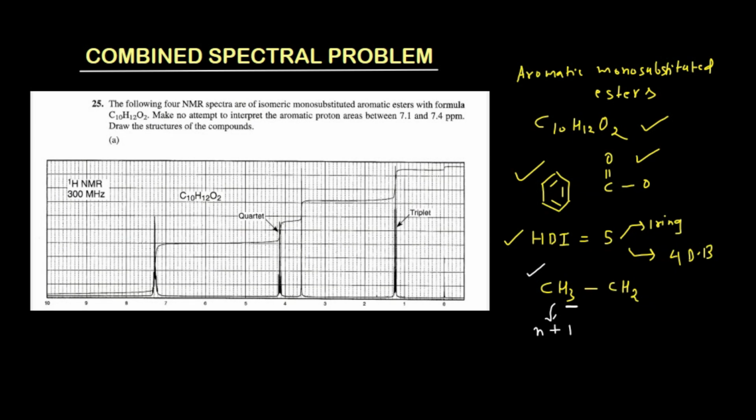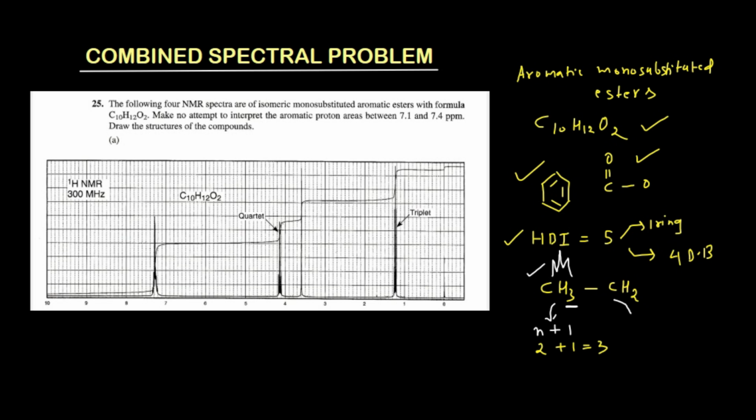So n plus 1 is the rule. If you want to calculate the splitting pattern of these 3 hydrogens, you need to check the hydrogens present at the adjacent carbon atom to this methyl group. The next carbon has 2 hydrogens, plus 1, that gives you 3. That simply means this methyl group will split into a triplet.